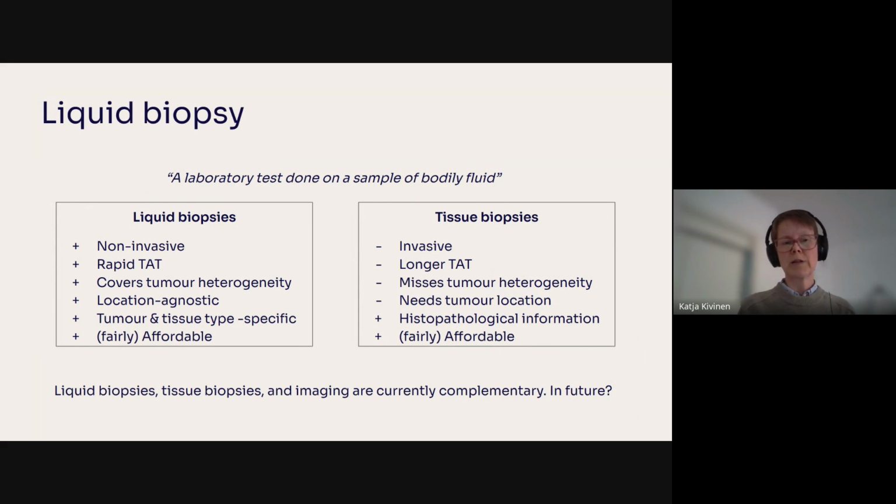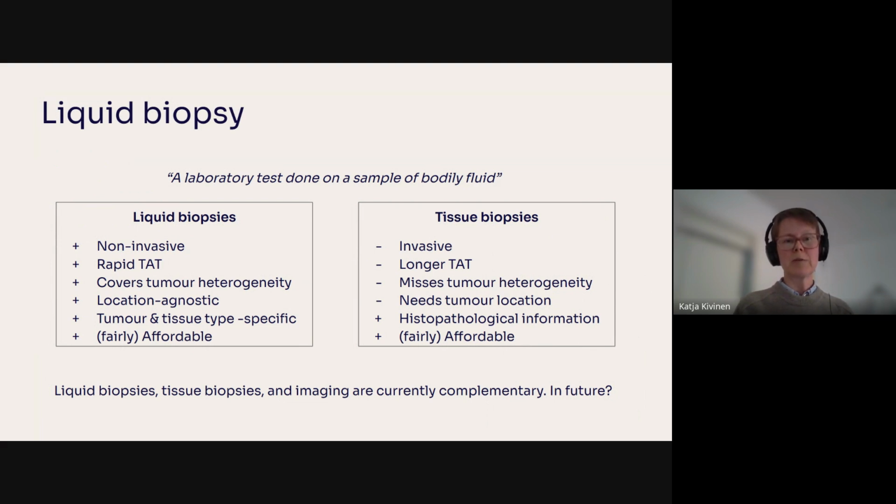So it is possible to use liquid biopsy to get some information about a disease type, especially the tissue type where the disease is located, sometimes about a specific cancer type, for example. It doesn't have as much of histopathological information as a tissue biopsy does. It's a fairly new technology.